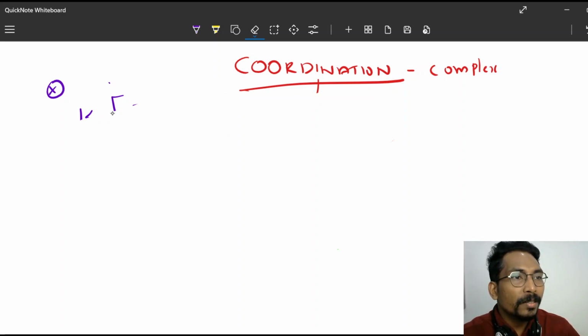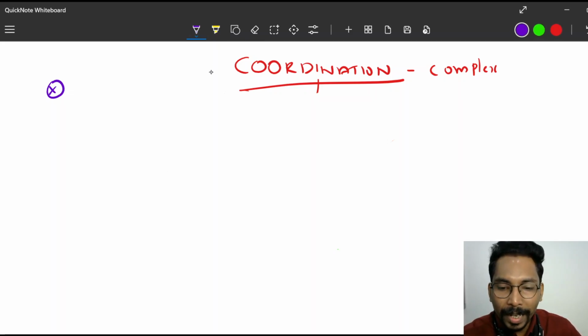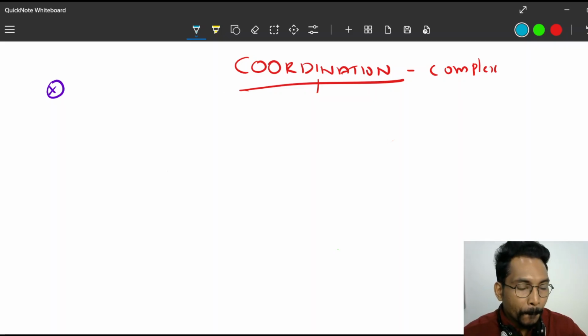So I think this is clear. Okay, coming to the next example. Okay, the central metal atom is scandium here. Scandium is Sc.